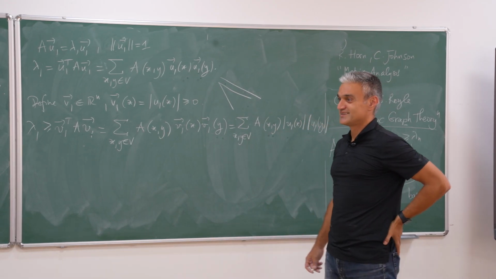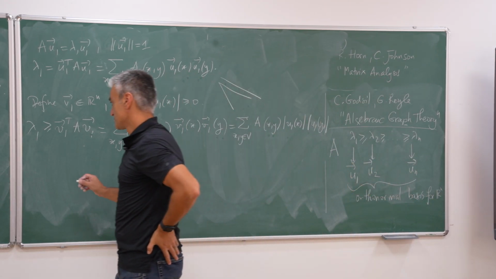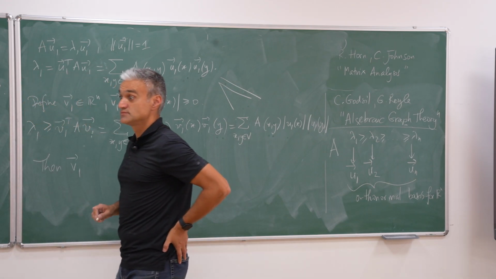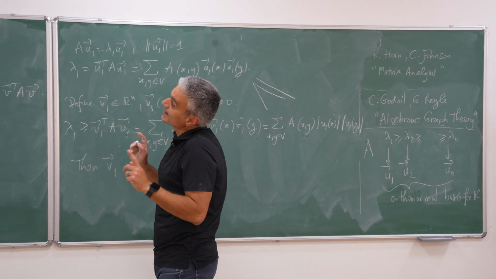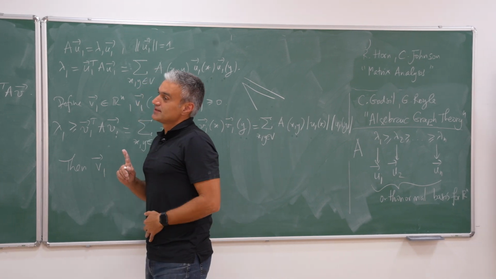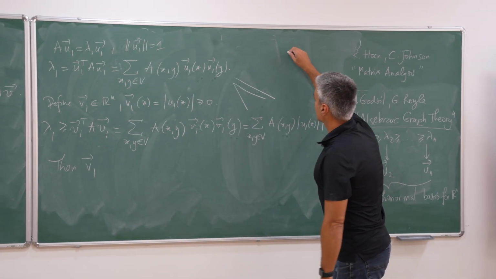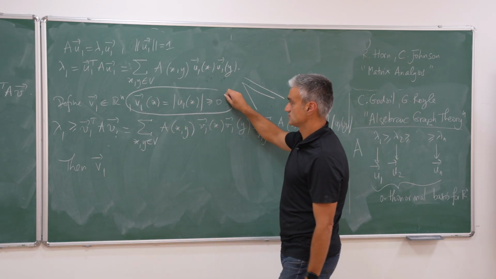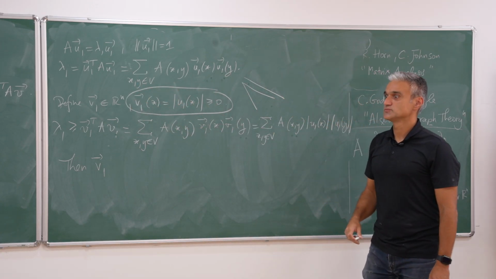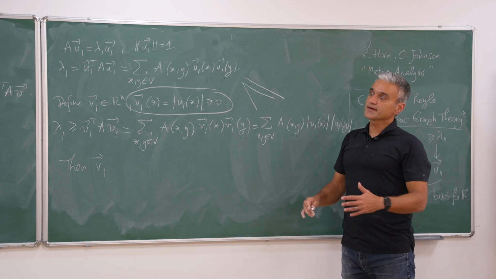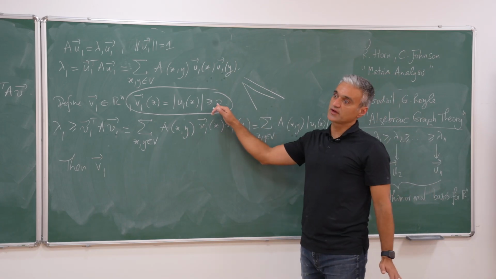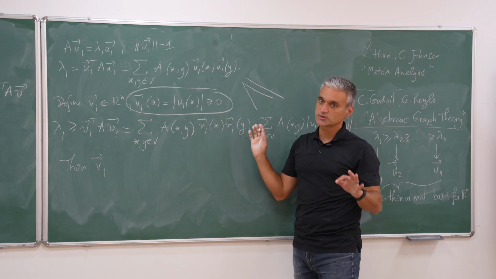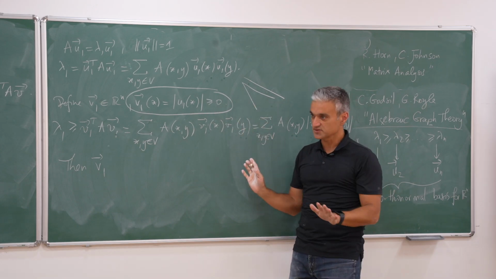What else? Then V1 is guaranteed to be greater or equal to 0. All the entries are greater or equal to 0, and there's at least one that is positive, guaranteed.